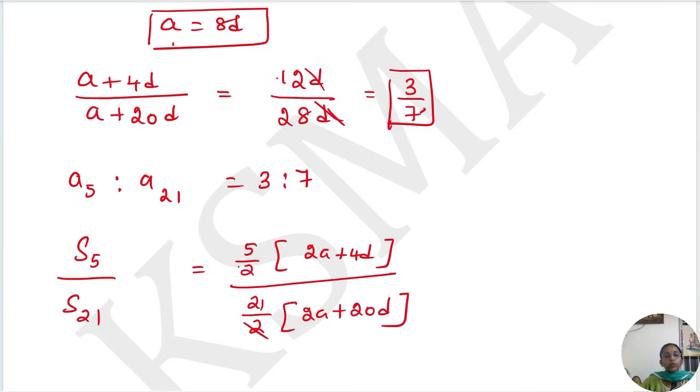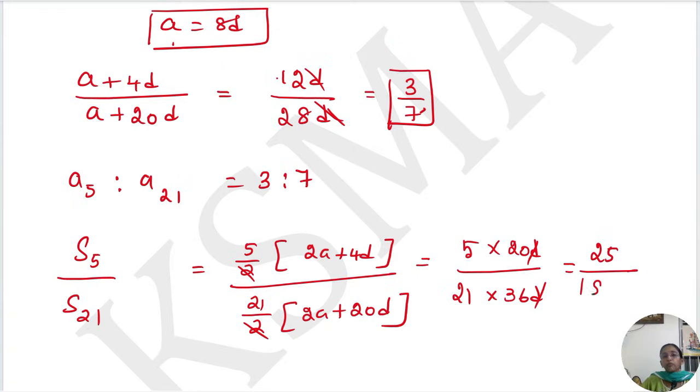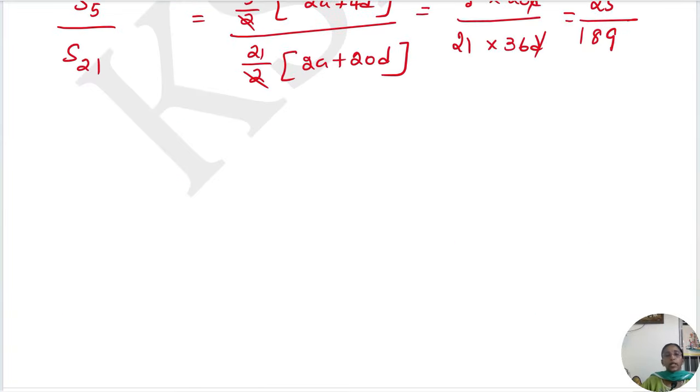Now this 2 and 2 will get cancelled and a is equal to 8d. So 5 times 20d divided by 21 times 36d. So d will get cancelled. So 25 divided by 189. So our answer is S5 is to S21 is equal to 25 is to 189.